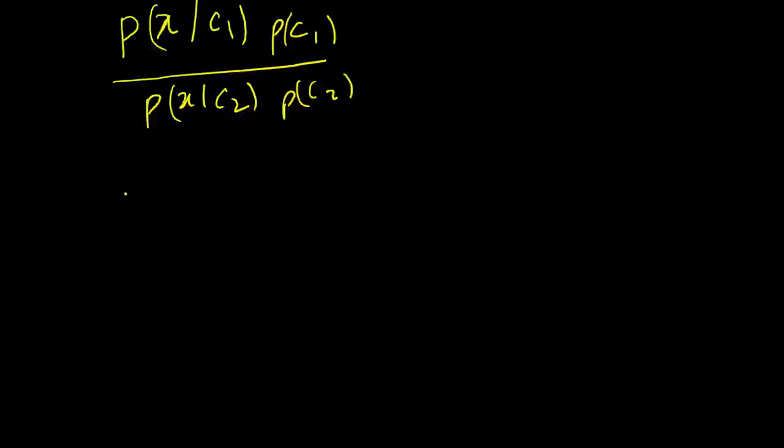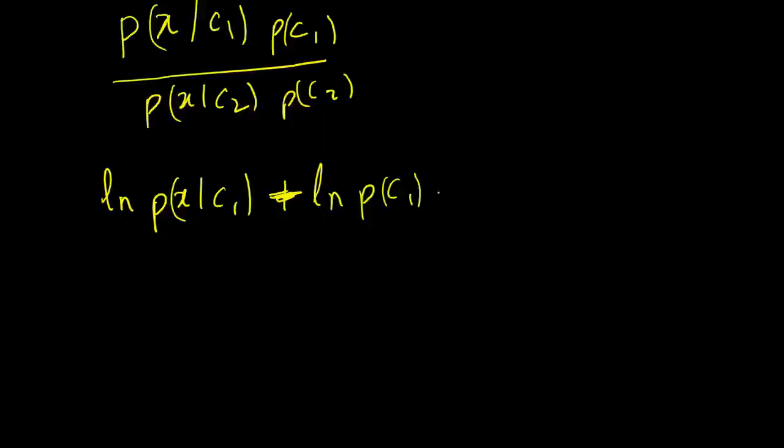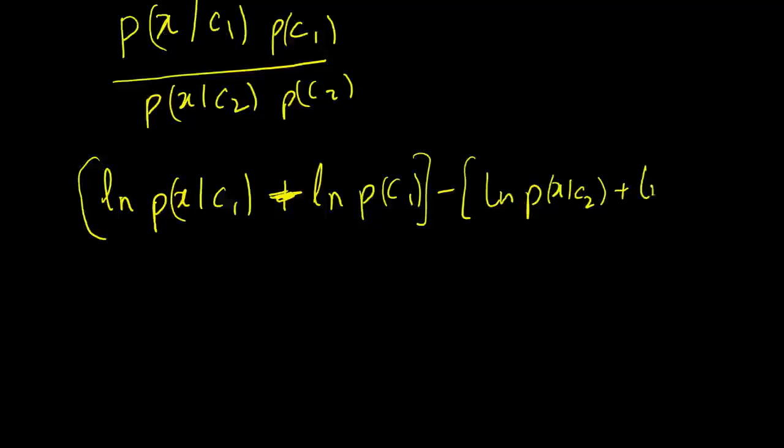So we are going to compare log of p of x given c1 plus log of p of c1, minus log of p of x given c2 plus log of p of c2, and we will compare this to 0.